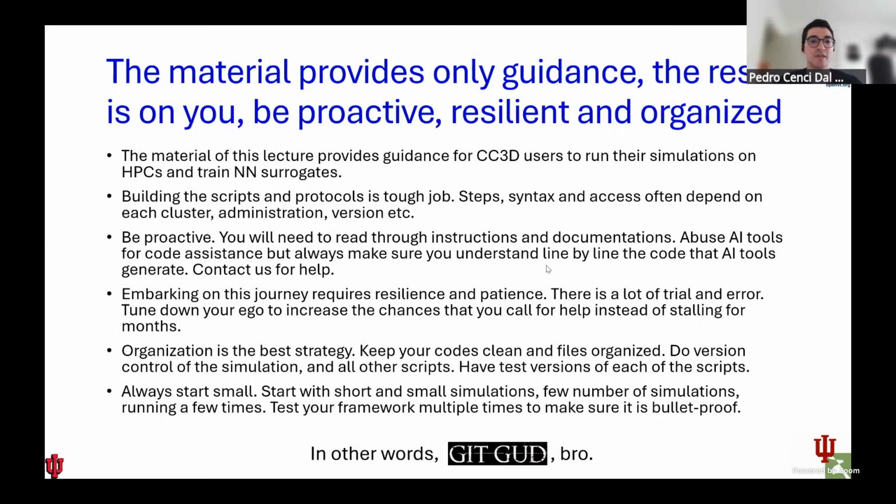And maybe the best advice is to start small. So if you want to run 1,000 simulations on a cluster, start by running just one simulation, and not even the simulation you are working with.